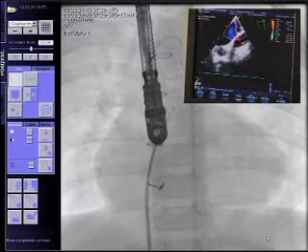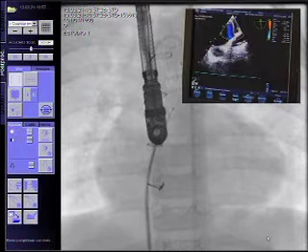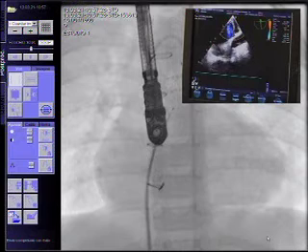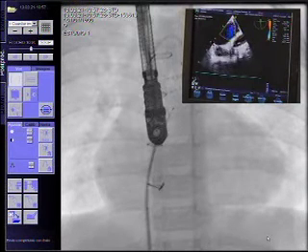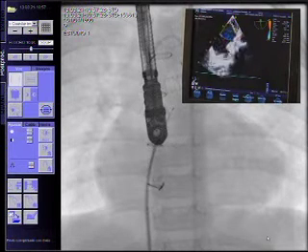Bueno, conectamos. We will deliver the radio frequency power. It will be 5 watts, 2 seconds. Okay? I feel something strange.